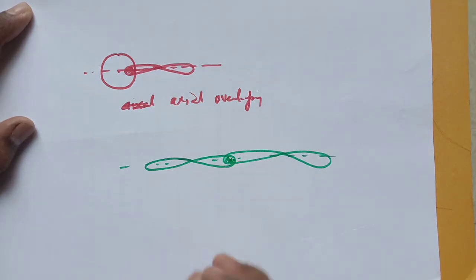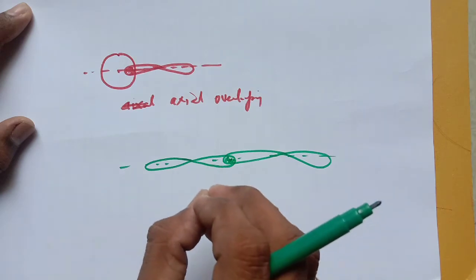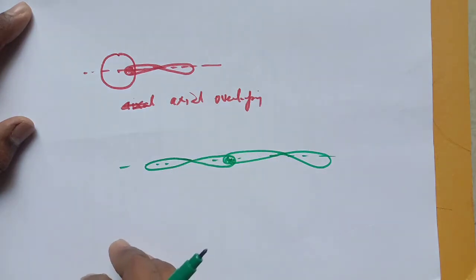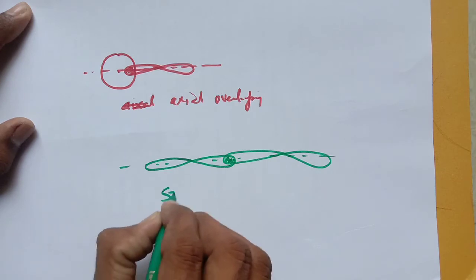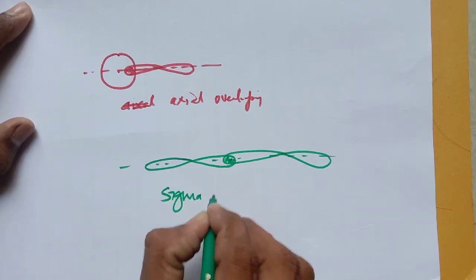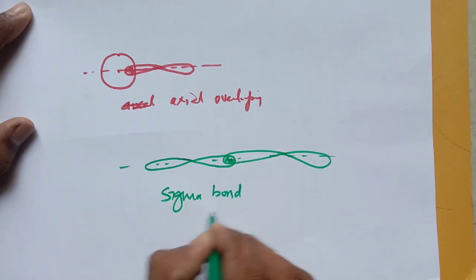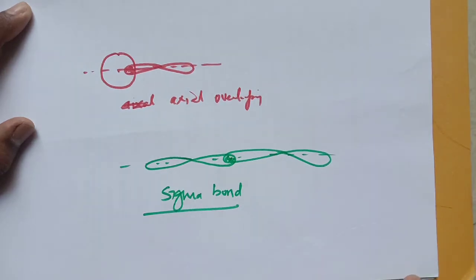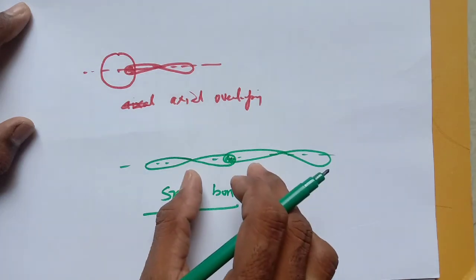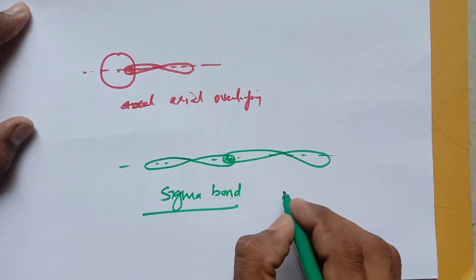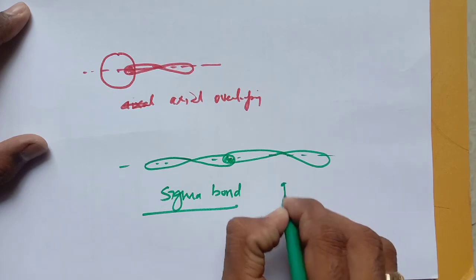If such overlapping of atomic orbitals takes place and a bond is formed because of it, that bond is known as a sigma bond. Sigma bond is always formed by the axial or end to end overlapping of atomic orbitals. Now it is observed that such overlapping always takes place to a greater extent.